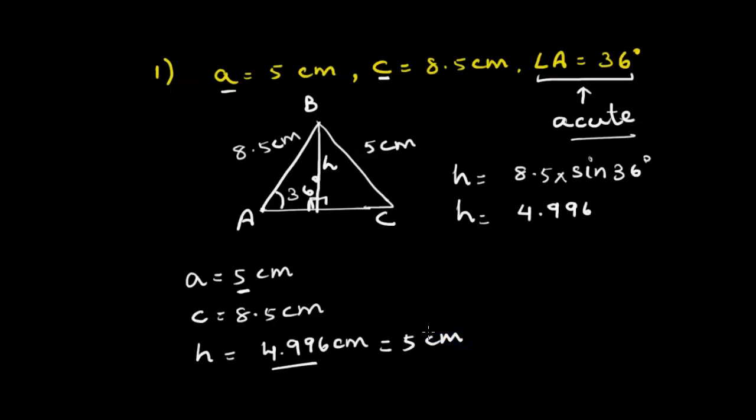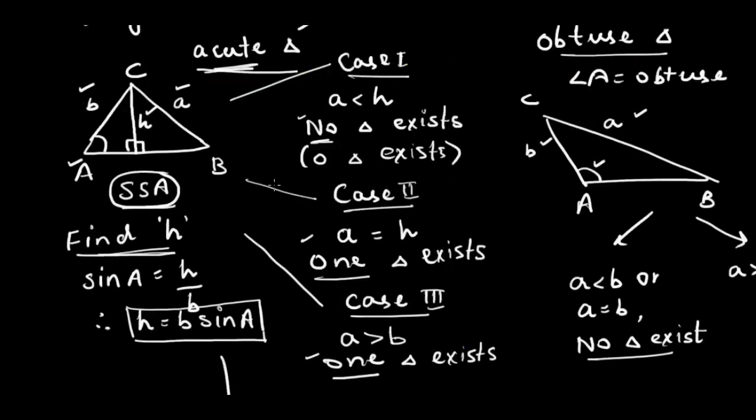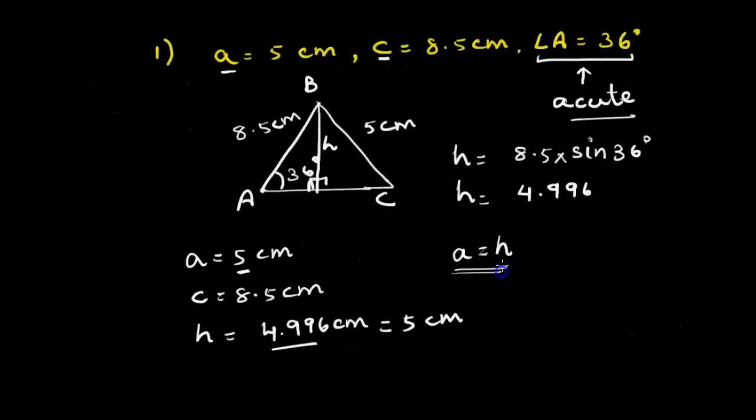And now when we consider the 4 cases, we notice that our question matches case 2, where side A is equal to side h. Hence we conclude that in this particular question, one triangle exists. And this is how we figure out how many triangles would exist in an acute or an obtuse triangle in the SSA situation. Let's take up an example of a word problem.